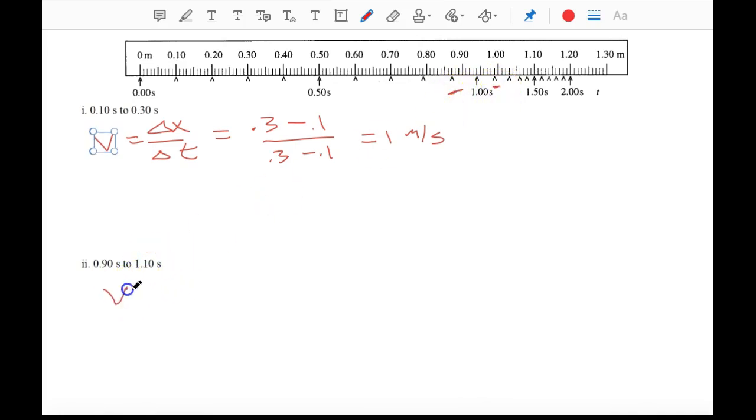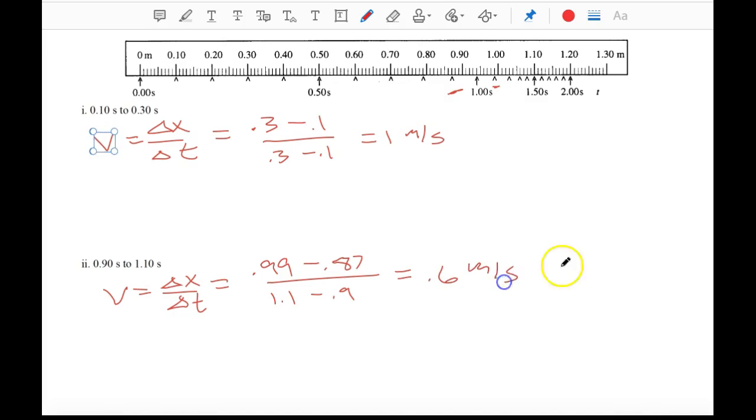Same thing, v is equal to delta x over delta t. It's important to write the equations. We're going to take 0.99, that position here, minus 0.87, and divide that by 1.1 seconds minus 0.9 seconds, and we end up with 0.6 meters per second.